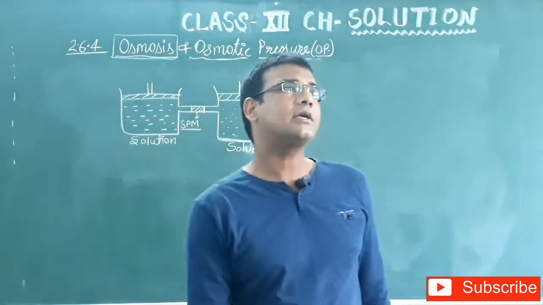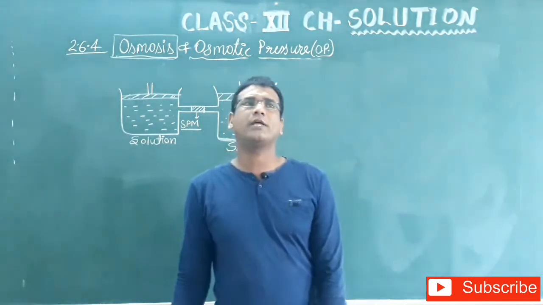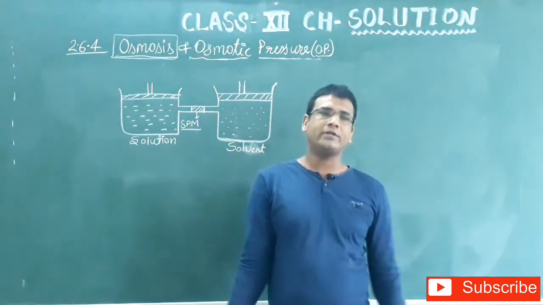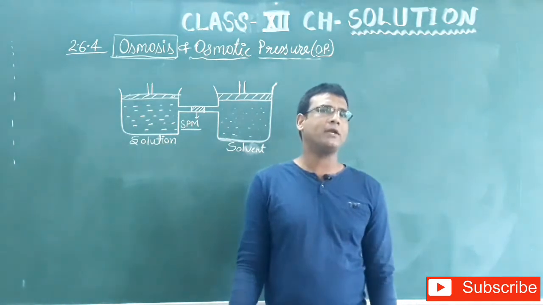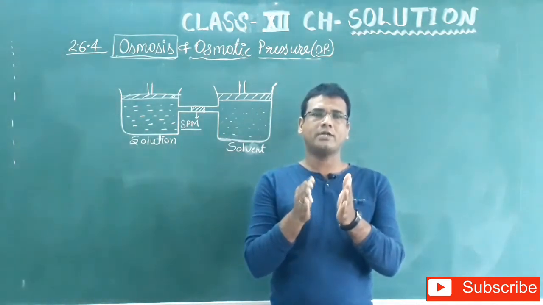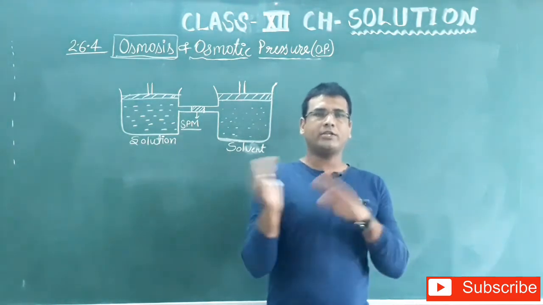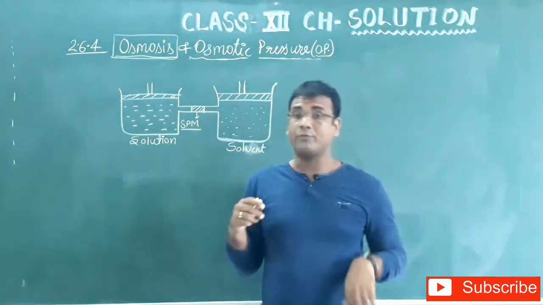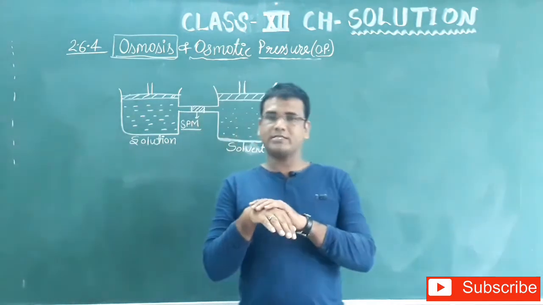See, there are certain membranes. Actually, let us classify the membranes. First of all, what is a membrane? A membrane is a layer which separates two different things. Okay, for example, on our body surface, the skin is a membrane.